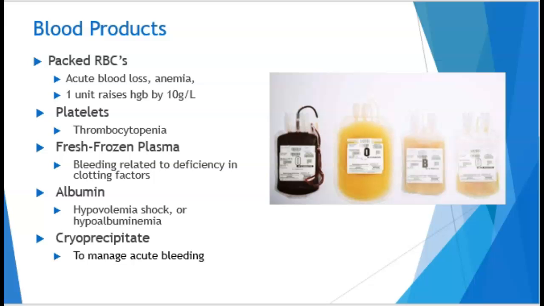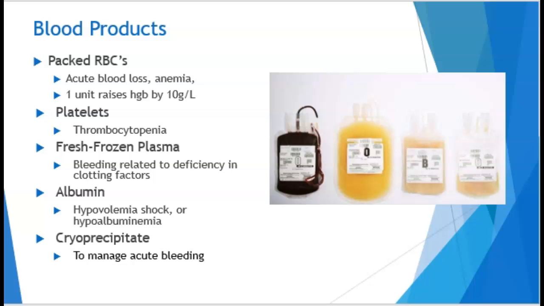And generally speaking, 1 unit of packed red blood cells will raise a hemoglobin by 10 grams per liter. So red blood cells contain oxygen carrying capacity. And so for patients that are needing an increase in their red blood cells because they are anemic, then we would use a packed red blood cell.